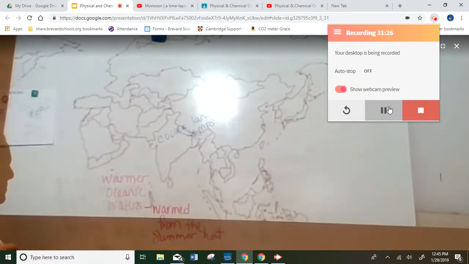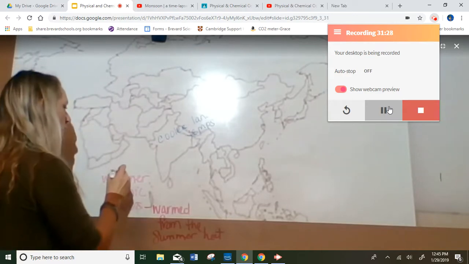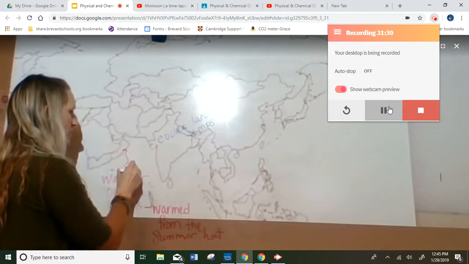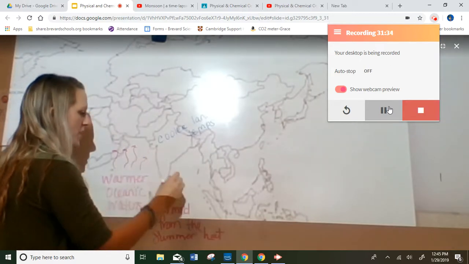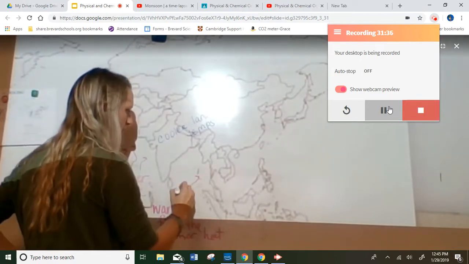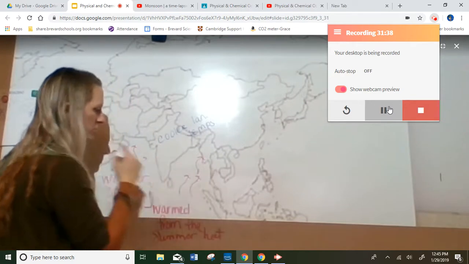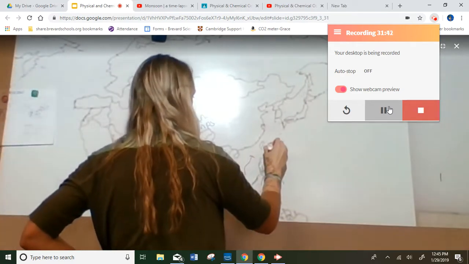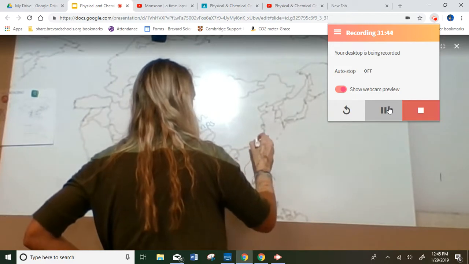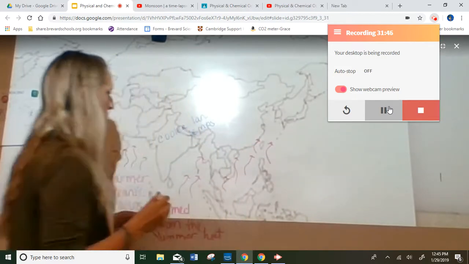So now what's going to happen is the warm water is going to start to evaporate, and air is going to rise over the oceans. The water is warmer, so it's going to start to rise.